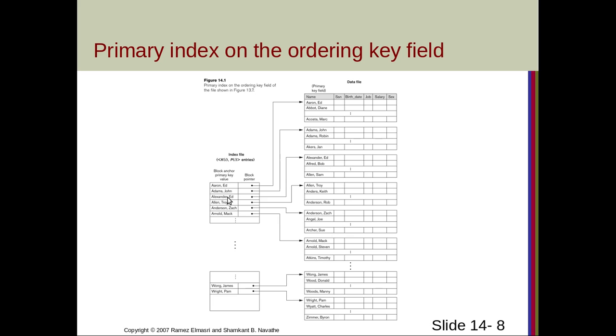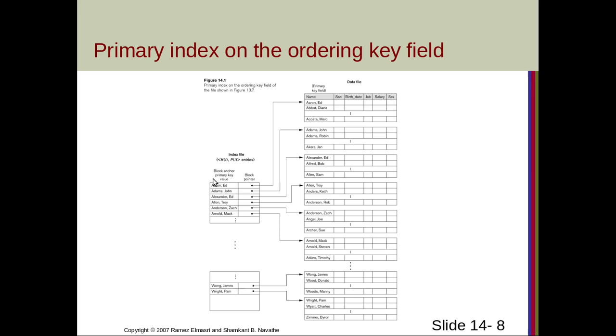So the index file does not have the details of all the records in the block; in every block you have a block anchor. That means the index entry holds the primary key for the first record in that block, recorded as the index key, with a pointer to the block.